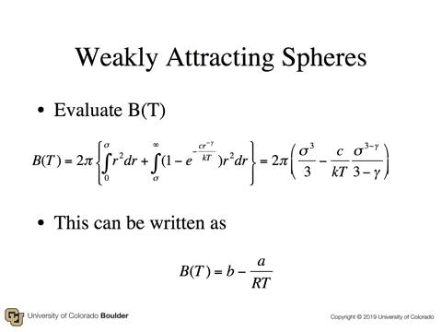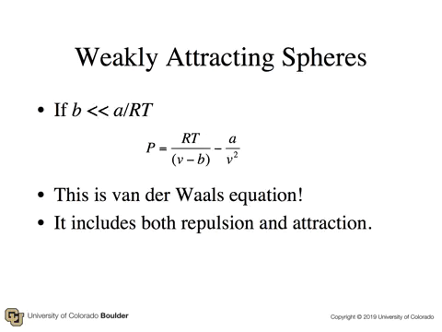And the a over RT represents the contribution to the attractive term that comes from adding that to the weakly attracting sphere model. So if b is much less than a over RT, then you get van der Waals equation, P equals RT over V minus b minus a over V squared.